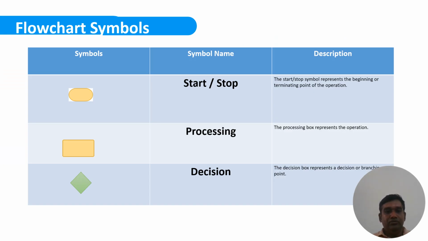As I told you, the first symbol is used for start and stop. By using this, we can identify where the flowchart is started and where it is ended. For processing, we are going to use the rectangle. For decision, we are going to use the diamond.